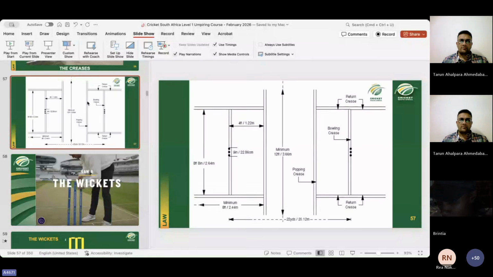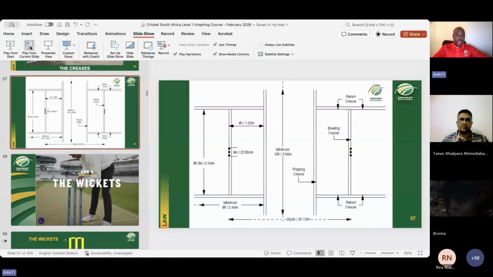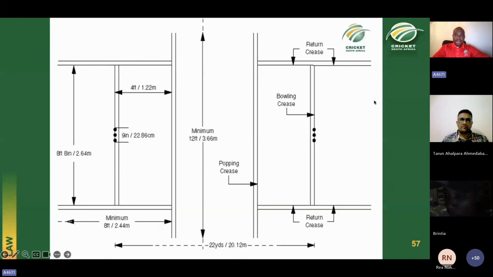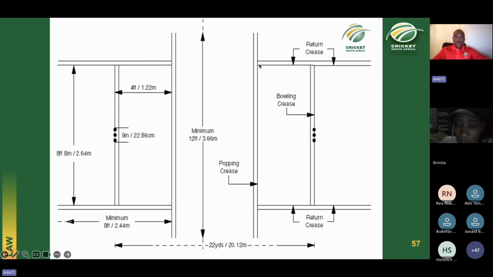So I think Frank is referring to this diagram. And remember what I've just said to you, Frank, is that the pitch width is 20.5 centimeters wide of both return creases.